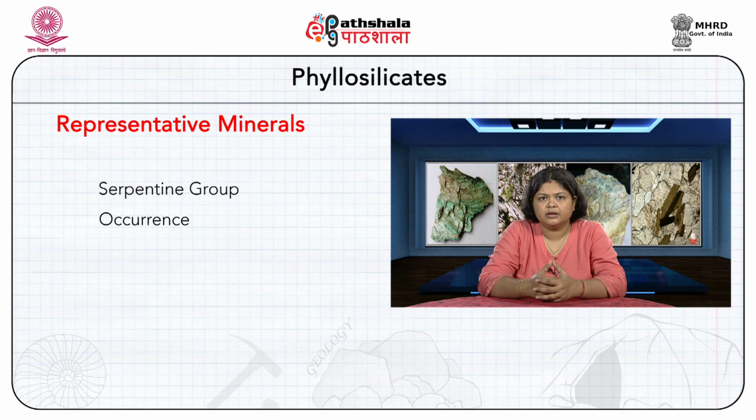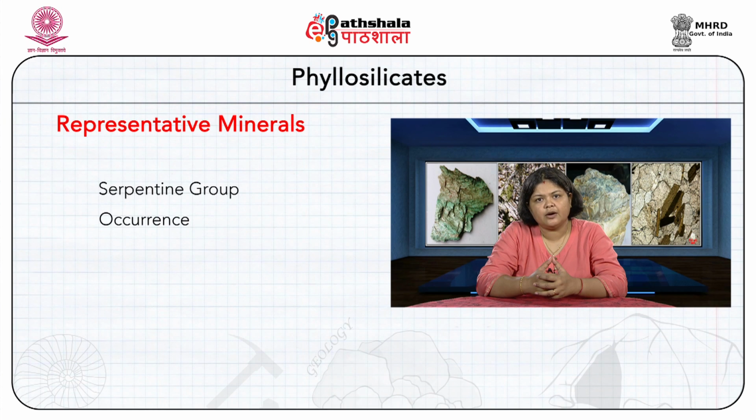Occurrence of serpentine group of minerals. Usually they form by hydrothermal alteration of mafic and ultramafic rocks. Chrysotile is stable at less than 260 degrees Celsius, whereas the antigorite variety of serpentine is stable up to more than 600 degrees Celsius. The associated minerals with serpentine group of minerals include calcite, brucite, chlorite, magnetite and chromite.